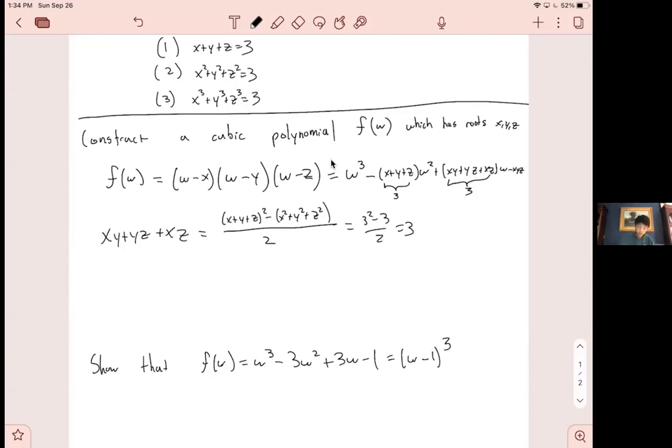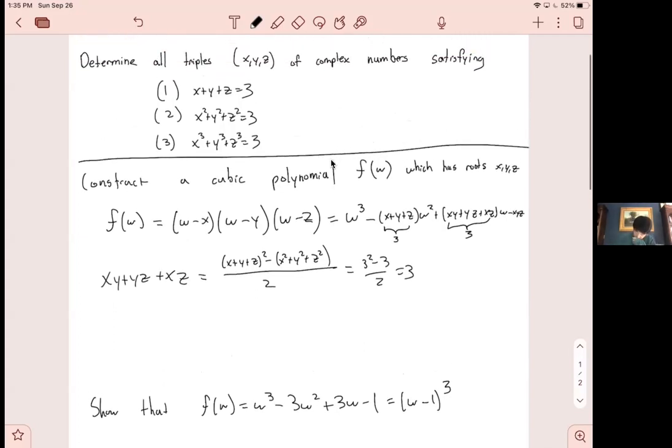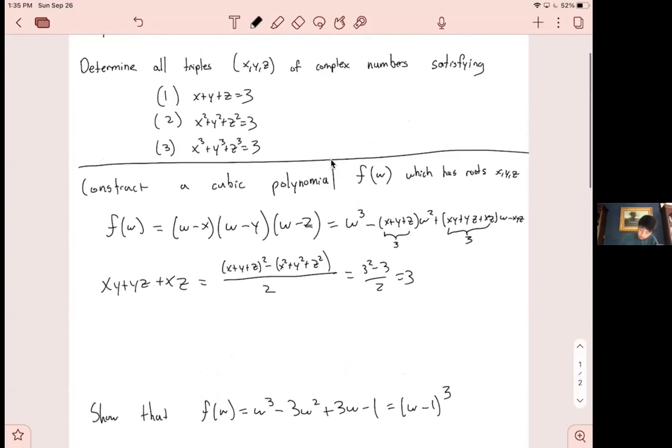Okay, does that make sense? If we can show that f of w, the polynomial with roots x, y, and z, is equal to (w minus 1) cubed, then since (w minus 1) cubed has roots 1, 1, 1, x, y, and z are equal to 1, 1, 1. And then we just have to do some final little bit of algebra.